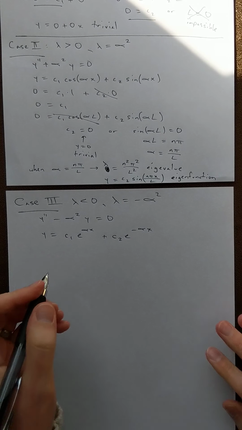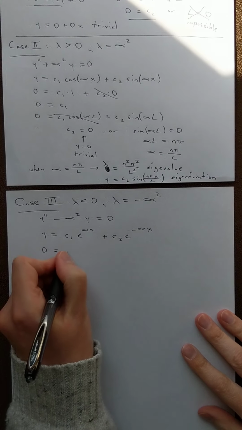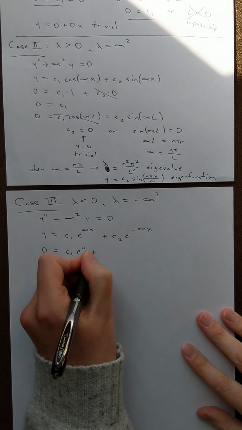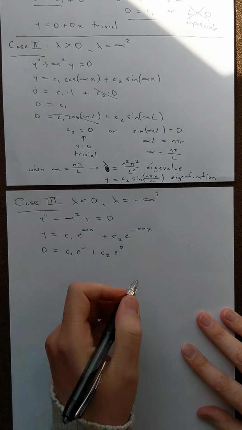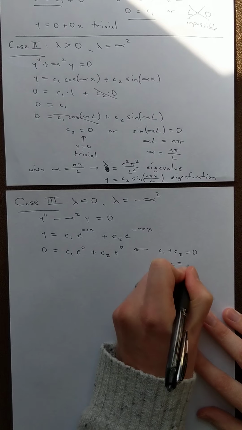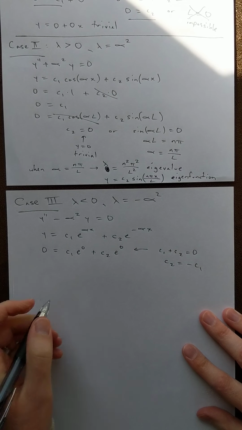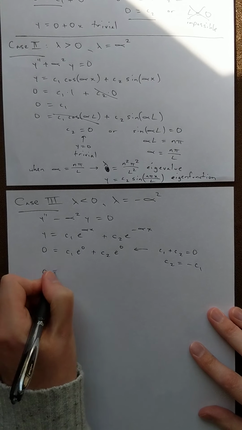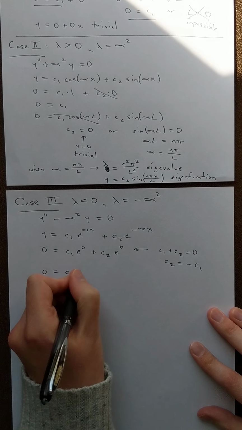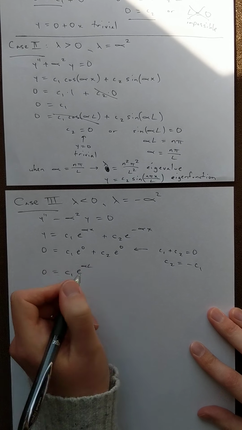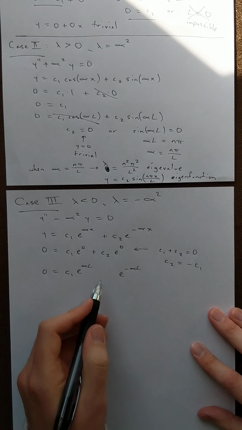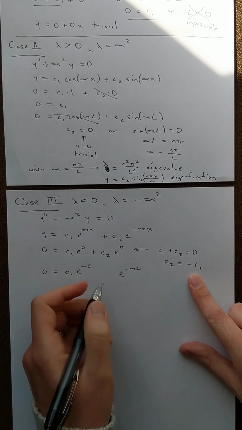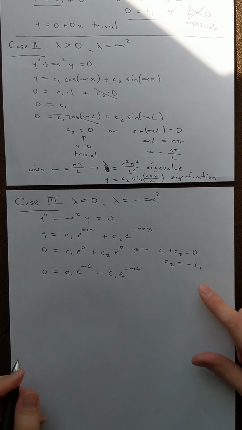So I'll plug in my initial conditions. y of 0 is 0. It says c1 plus c2 is 0, or c2 is minus c1. The other initial condition says if you plug in L, we also get 0, and I think I'm going to just go ahead and write c2 as minus c1.